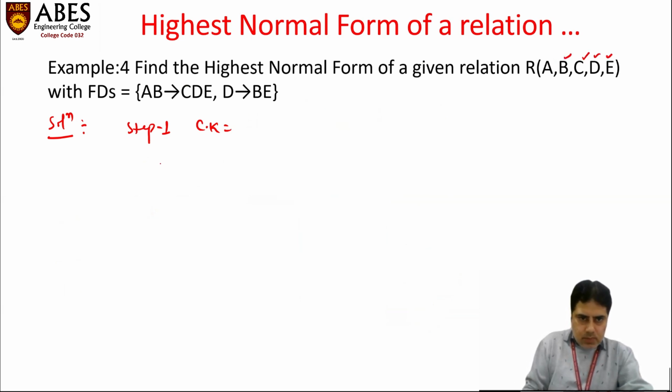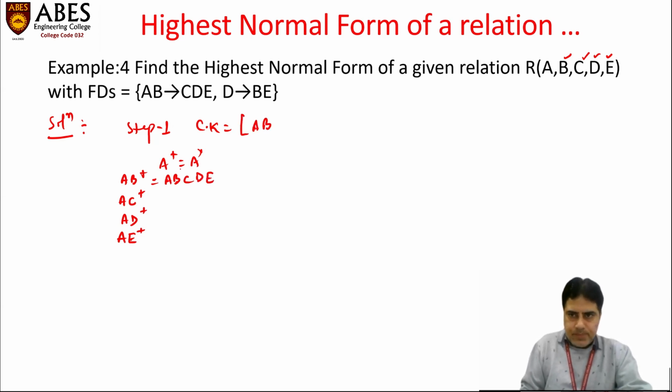The missing attribute is A. Take the attribute closure of A. From A, we can't determine anything. Now pair with A: AB, AC, AD and AE. Now take the attribute closure of these. AB determines C, D, E. So the first candidate key is AB.